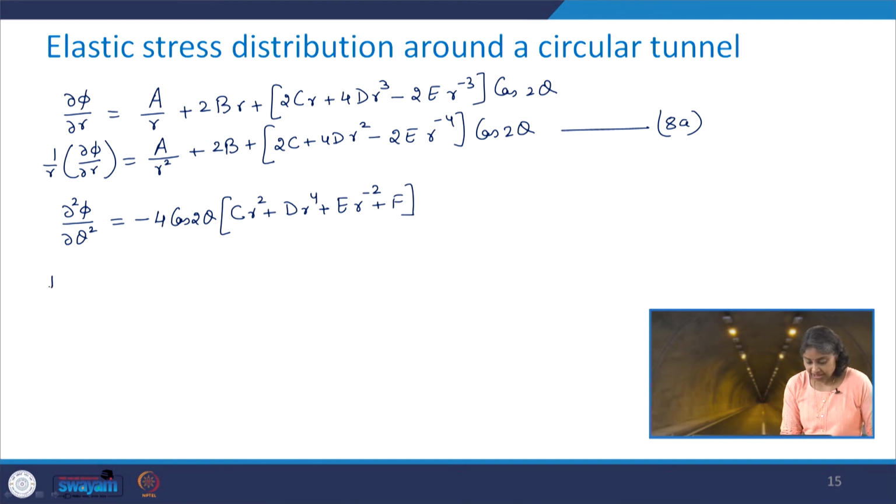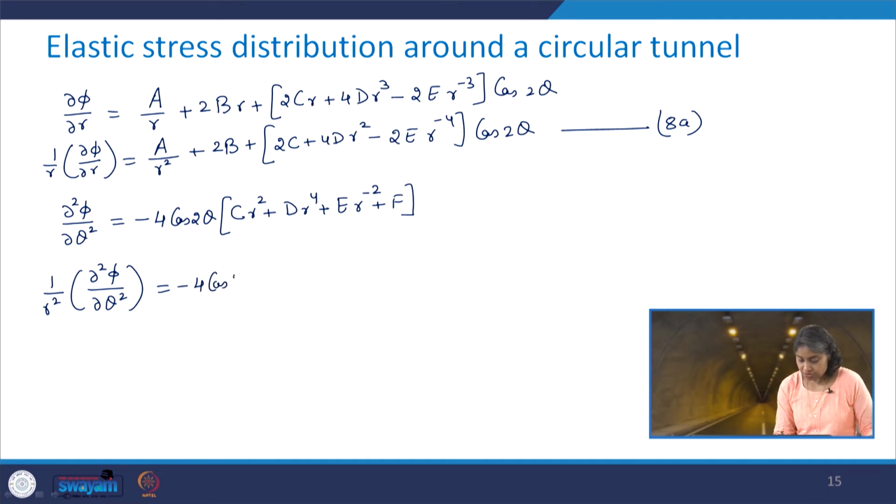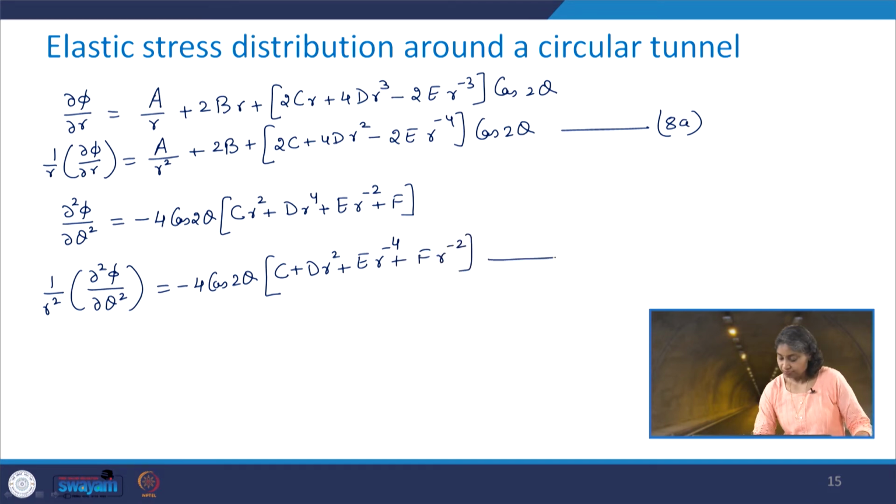Or I can write 1 upon r square del 2 phi del theta 2 as minus 4 cos of 2 theta, and then we have c plus d r square plus e r to the power minus 4 plus f r to the power minus 2. And I will make this equation number 8b.